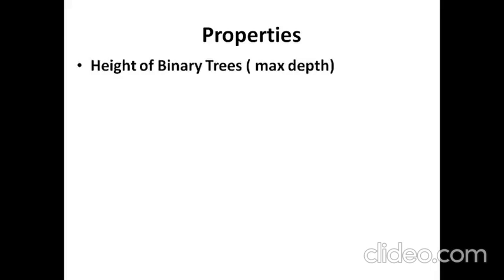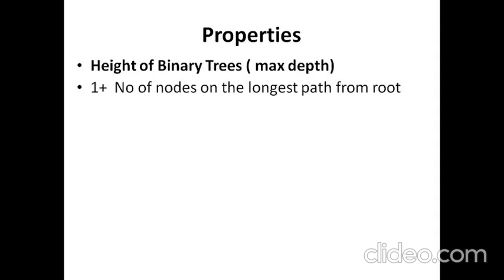The first property is the height of a binary tree, which is also sometimes referred to as the maximum depth. We can compute the height of a binary tree as 1 plus the number of nodes on the longest path from the root.